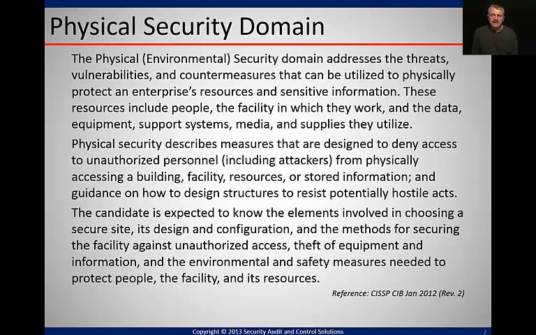These resources include people, the facilities in which they work, and the data, the equipment, support systems, media, and supplies they utilize. Physical security describes measures that are designed to deny access to unauthorized personnel, including attackers, from physically accessing a building, facility, resources, or stored information, and guidance on how to design structures to resist potentially hostile acts.